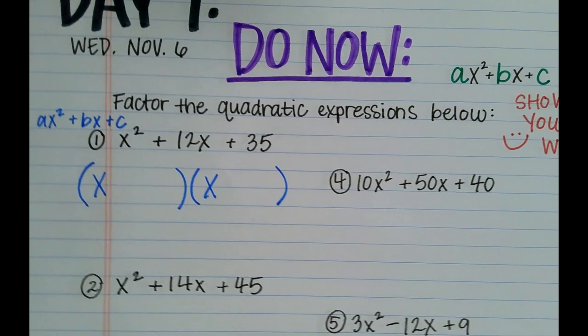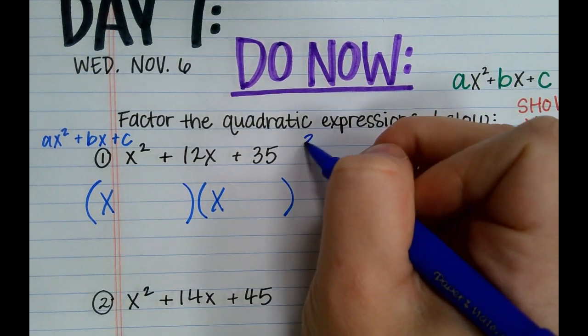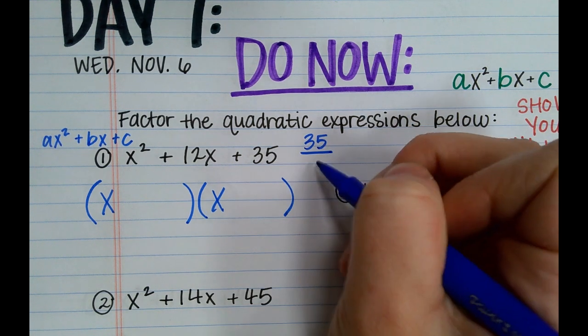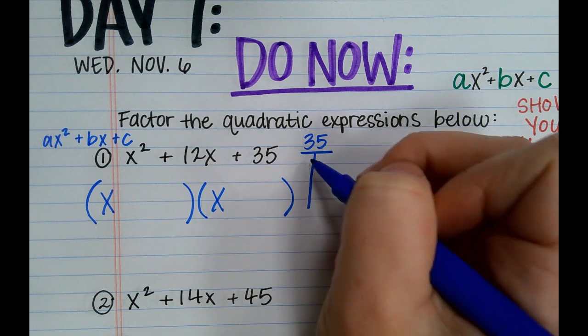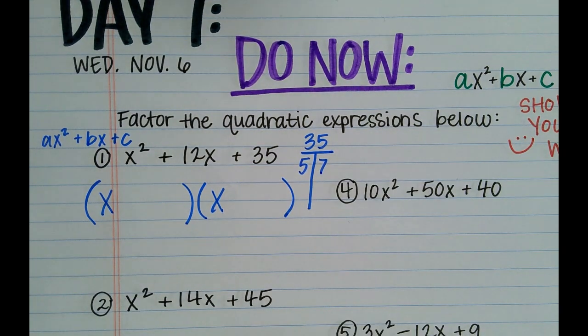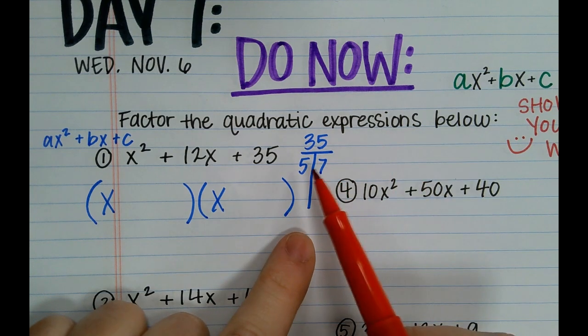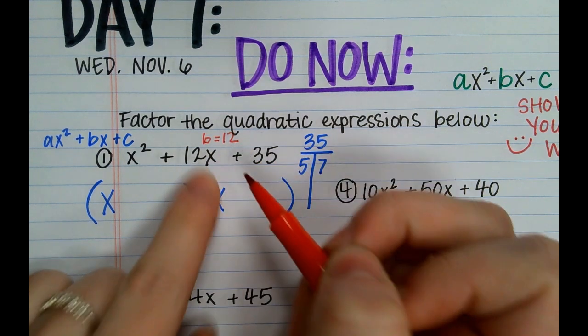Factors of 35. Yeah, we're going to find the factors of 35. So let's see what those are. 1 times 35 and 5 times 7. We want to make sure that these factors we found add up to our b, which is 12.